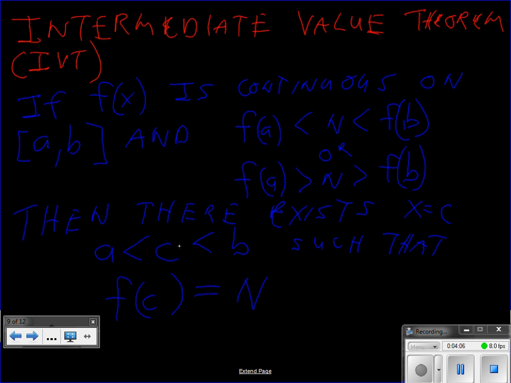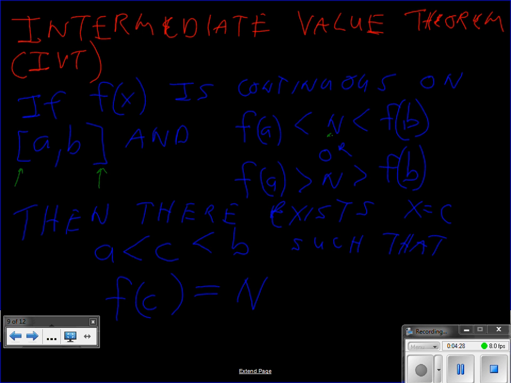Nothing difficult. It says if f of x is continuous on the closed interval, notice this is closed interval [a, b], and so we know what continuous means. We've got a mathematical definition. We also know you don't pick your pen up. And we have a value n, a y value n, that is somewhere between f of a and f of b.